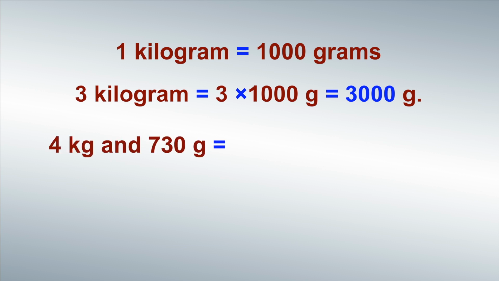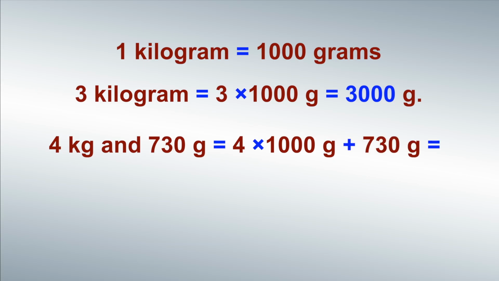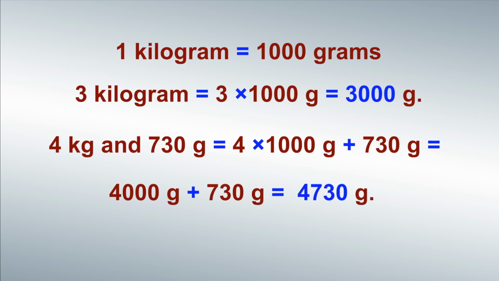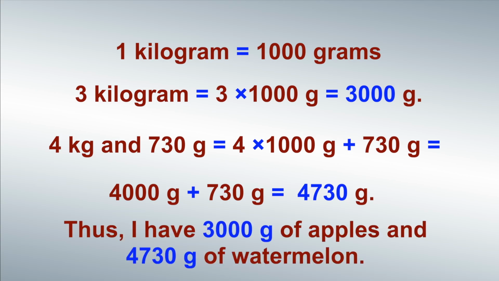And 4 kilograms and 730 grams are equal to 4 multiplied by 1000 grams plus 730 grams, equals 4000 grams plus 730 grams, equal to 4730 grams. Thus, I have 3000 grams of apples and 4730 grams of watermelon.